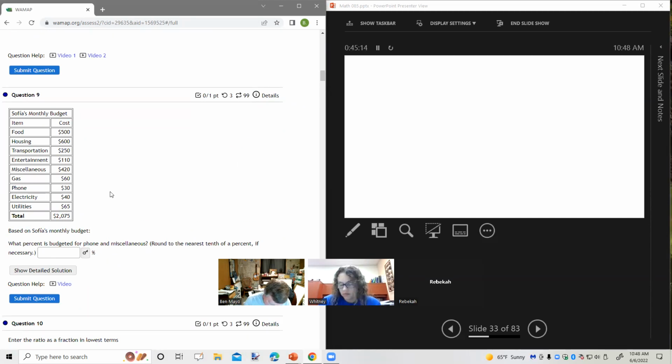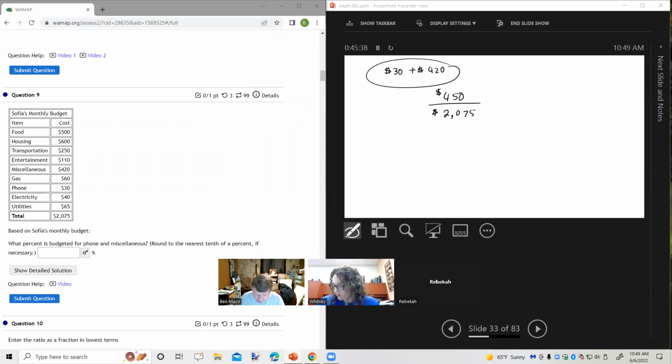So phone is $30. Miscellaneous is $420. So we're going to take those two and add them together, which would be $450, and compare that to the entire budget. So $450 is what percent of the entire budget.